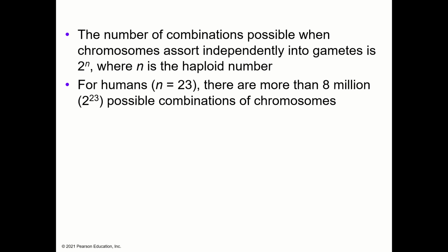The number of combinations possible when chromosomes assort independently into gametes is 2 raised to the nth power, where n is the haploid number. In humans, that's 23. Therefore, there are more than 8 million possible combinations of chromosomes that can occur to form a sperm or an egg. And then the combination.